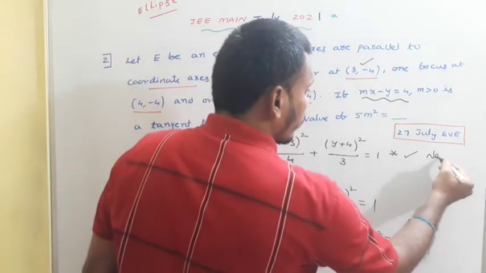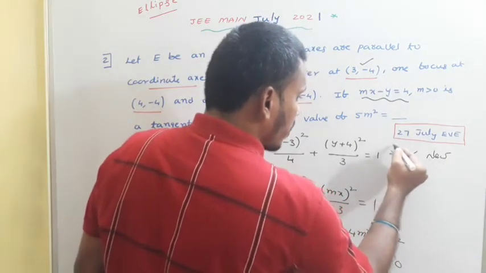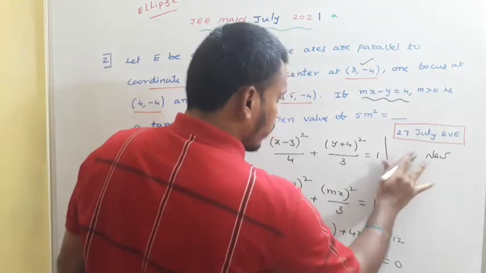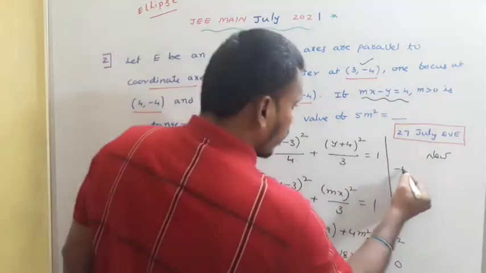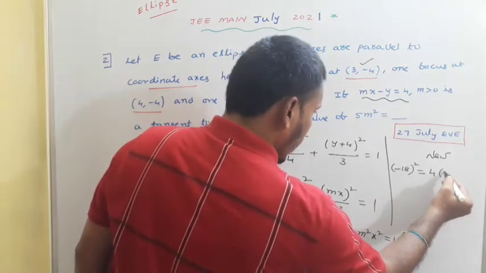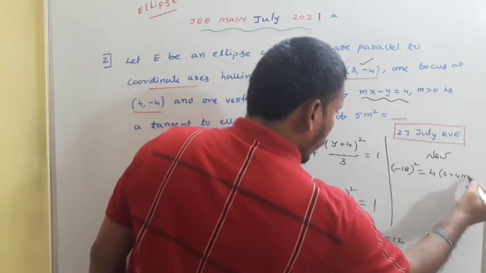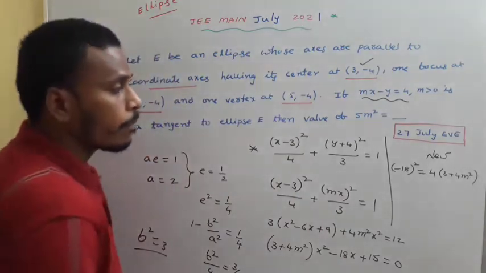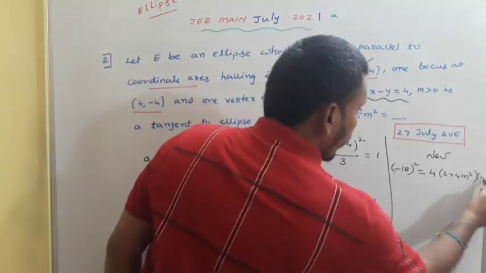Now, what is its discriminant? b^2 = (-18)^2 equals 4ac, where a is 3 + 4m^2 and c is 15.